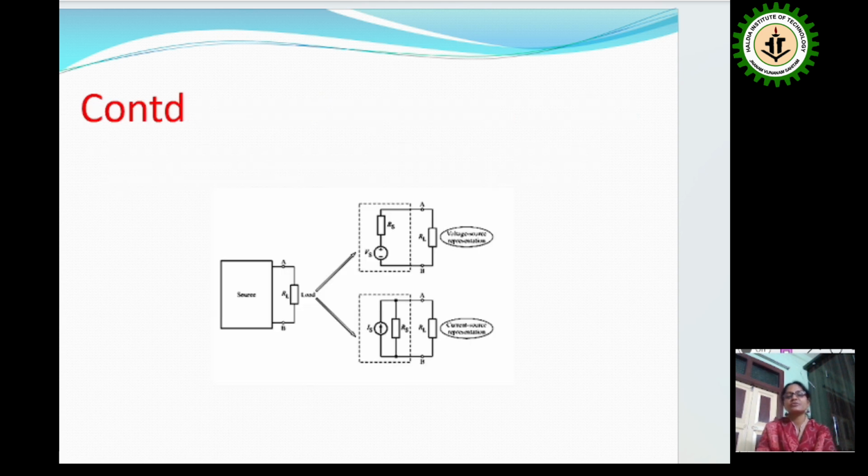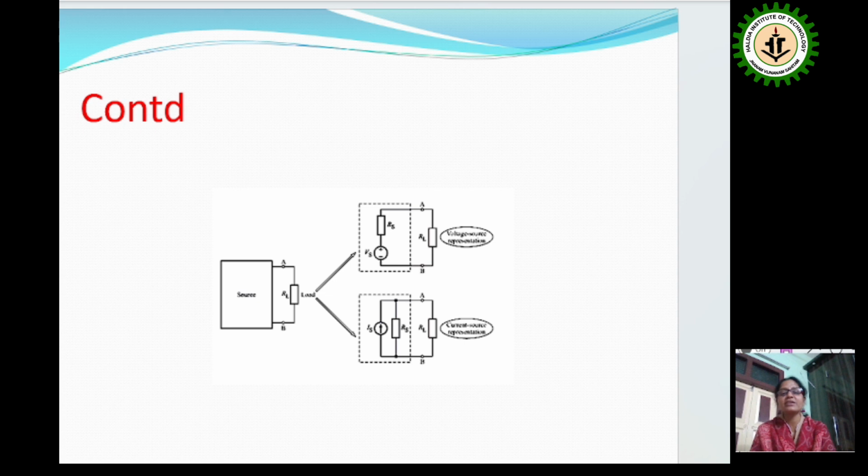Suppose this is a source and RL is the load resistance. Now, this can be represented as a voltage source and a current source. Vs and Rs is the series resistance, RL is the load resistance. This is the voltage source representation, and the lower one is the current source representation.